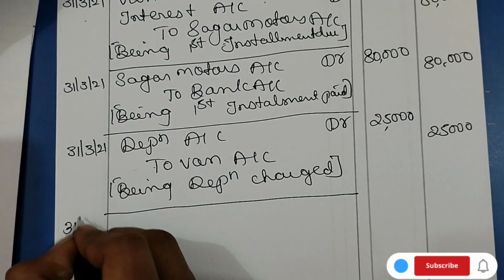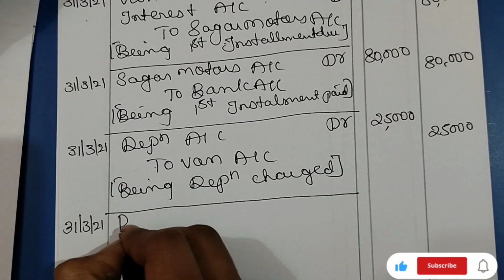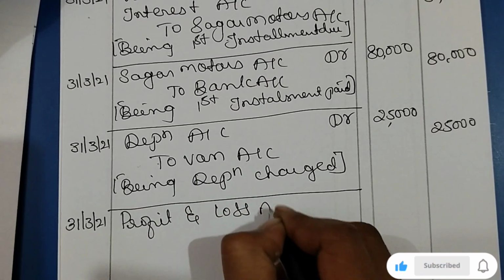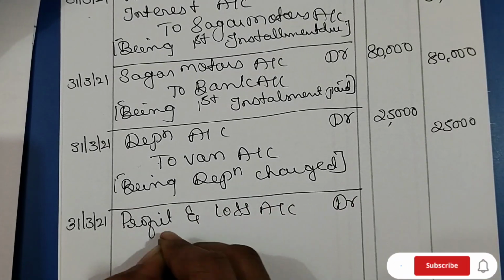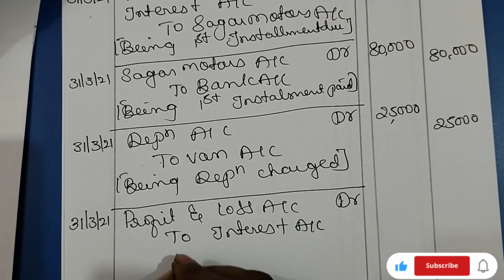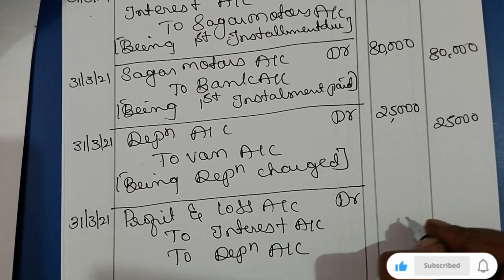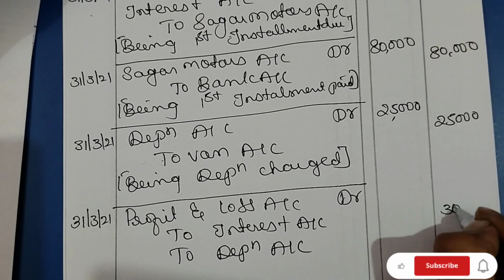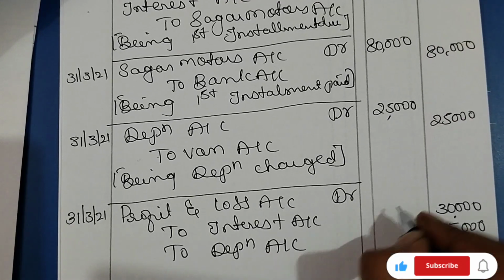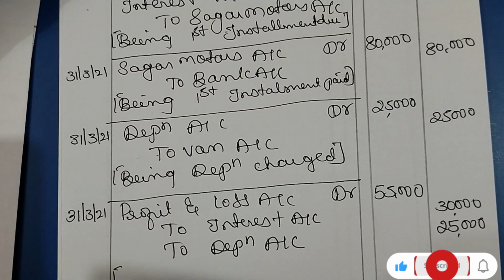Now, while transferring this to profit and loss account, we are debiting profit and loss account, and crediting interest account and depreciation account. Interest is 30,000. Depreciation is 25,000. Totally 55,000 we are transferring to profit and loss account.